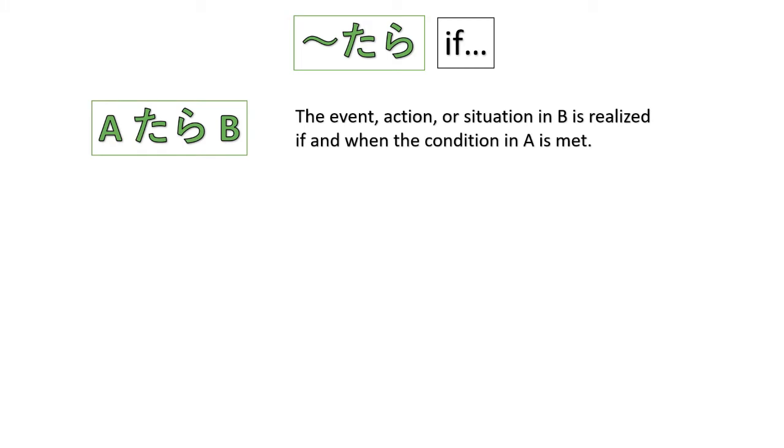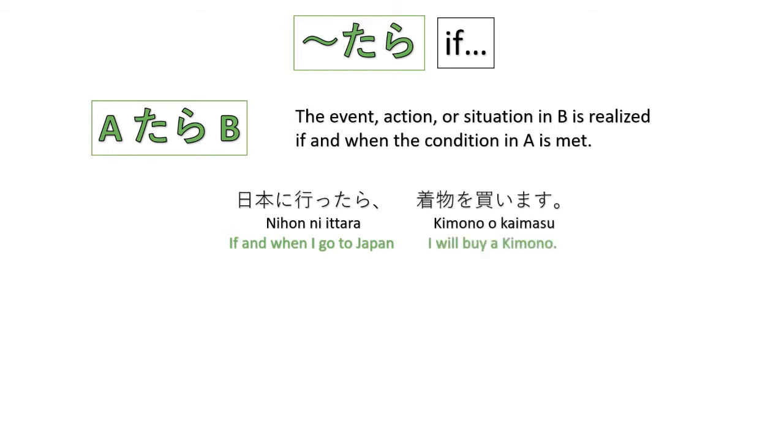Now, when we say tara, we have this equation here, A tara B. By that, we mean that the event, action, or situation in B is realized if and when the condition in A is met. For example, this is the condition part: Nihon ni ittara, if and when I go to Japan, kimono kaimasu.